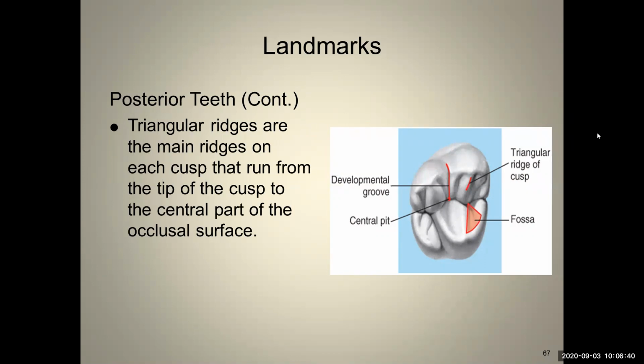So what we're doing is learning the terminology. You've got a fossa here, a slight depression. You have a ridge, an elevation of a cusp. This is the cusp ridge here. This is the mesial occlusal cusp ridge of such and such a tooth.